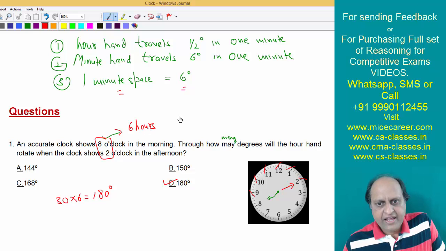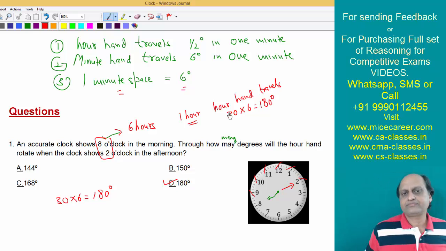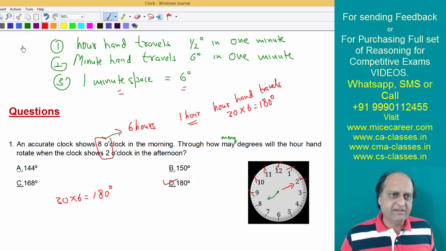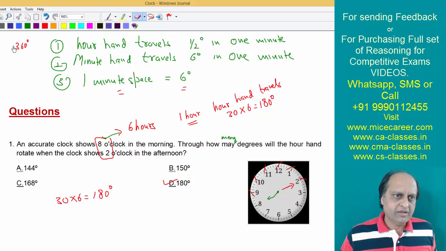And we know that in 1 hour, hour hand travels 30 degree. So in 6 hours, it will travel 180 degree. Right? Hour hand travels 360 degree in 12 hours, 30 degree in 1 hour.